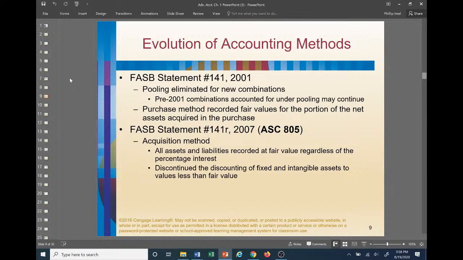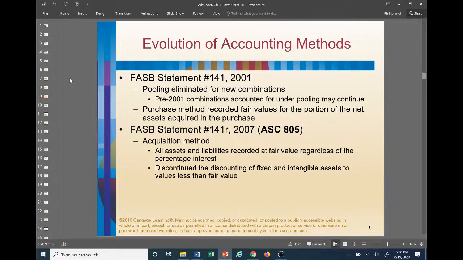The FASB Statement number 141R of 2007, ASC 805, and ASC is short for Accounting Standards Codification. The acquisition method: all assets and liabilities recorded at fair value regardless of the percentage interest.